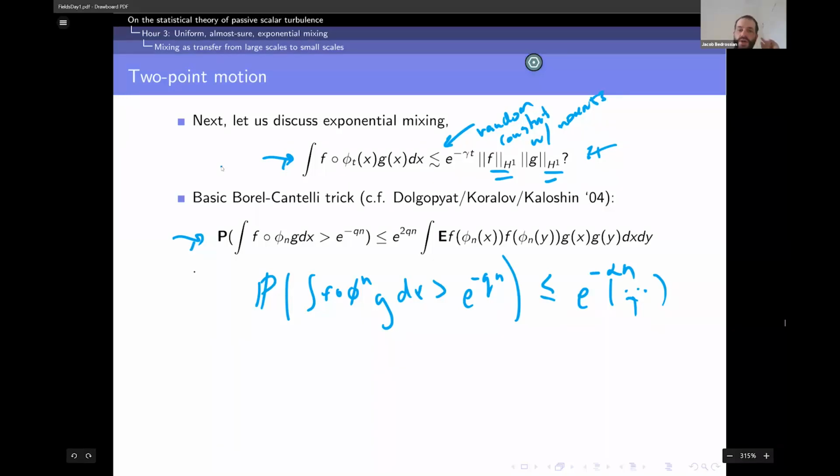Now, because we only know like two inequalities, one of those inequalities is Chebyshev. So you use Chebyshev and expand the square, and you have that this probability is bounded by this sort of new expected value.